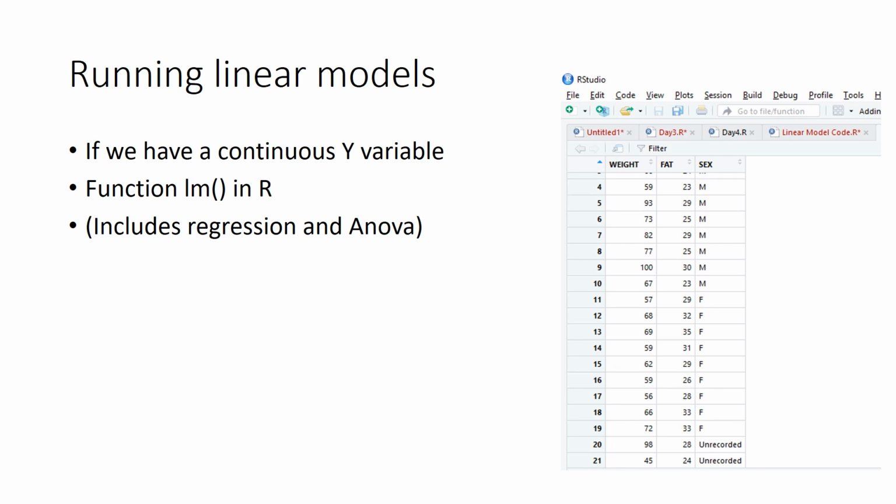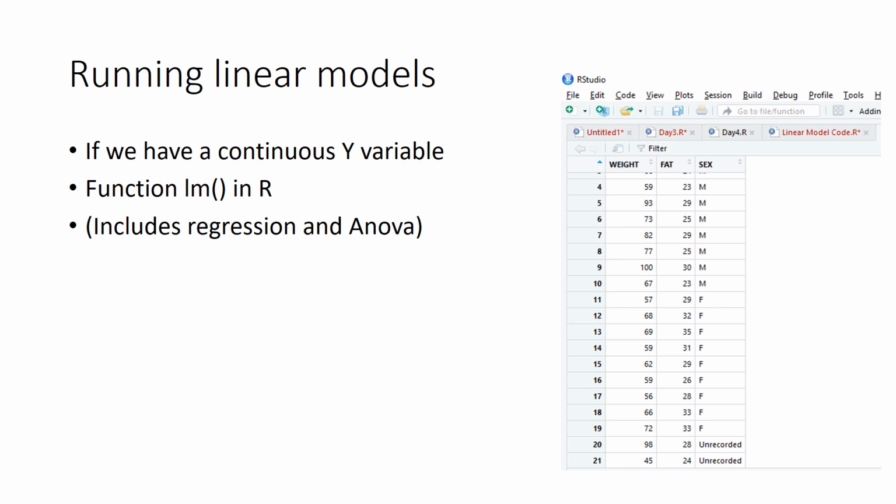We will be working with a data set that I have read into R already. I have called it data table, and this is what data table looks like. It has 3 columns. The first column is weight, which has numbers in it, so it's a continuous variable. The second has fat, which is also a continuous variable, also has numbers in it.